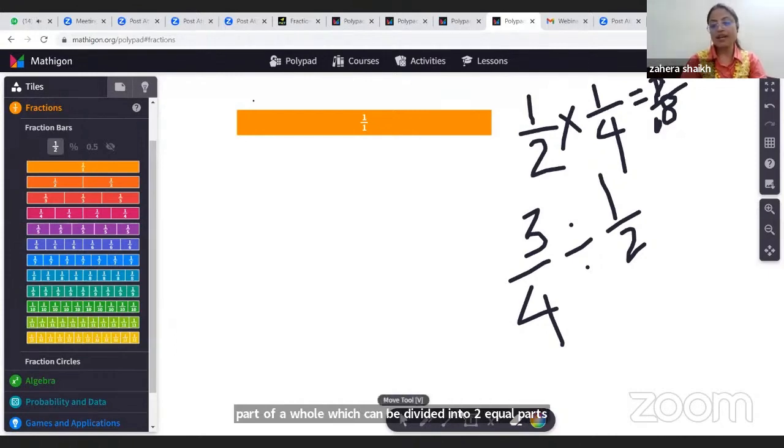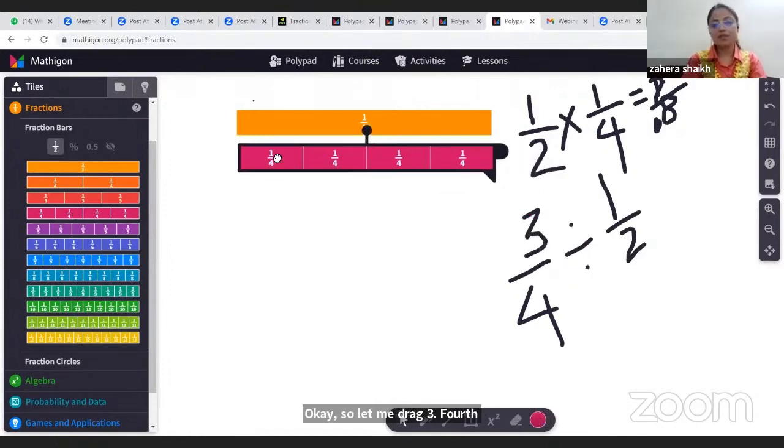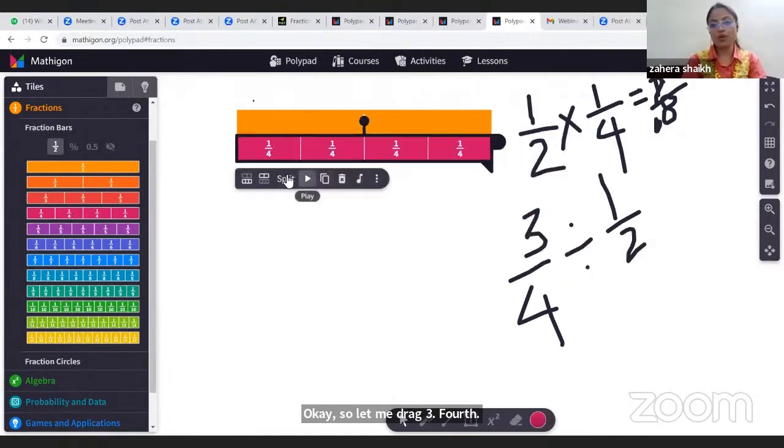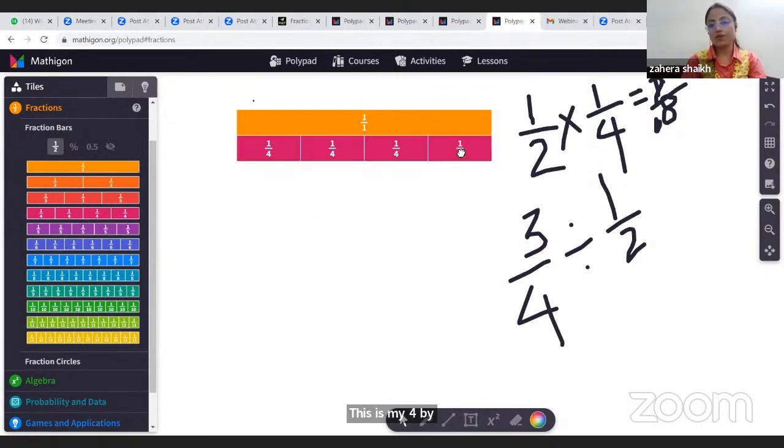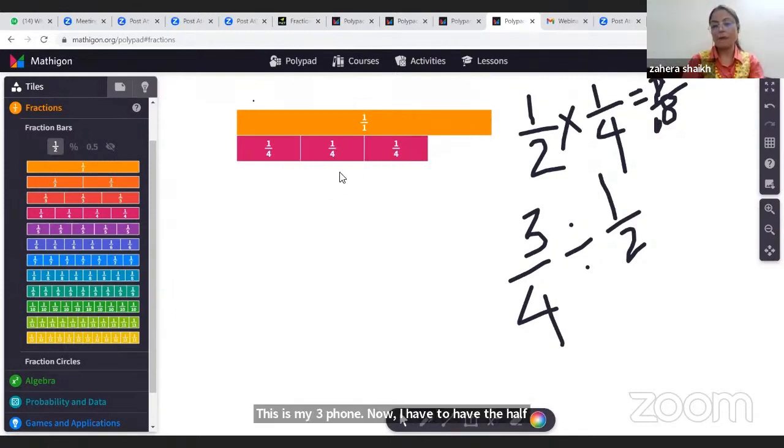Okay, so let me drag 3/4. This is my 4/4, which is whole. Let me make it 3/4. This is my 3/4. Now I have to have the half of it, right? So how am I going to do that?